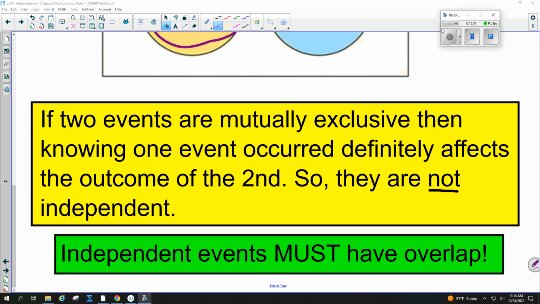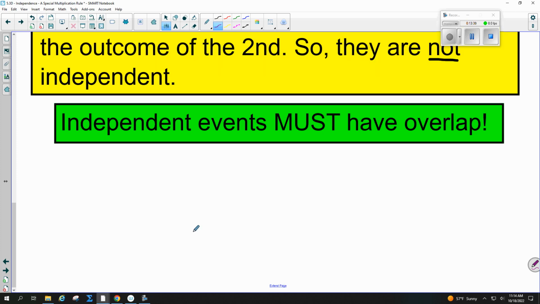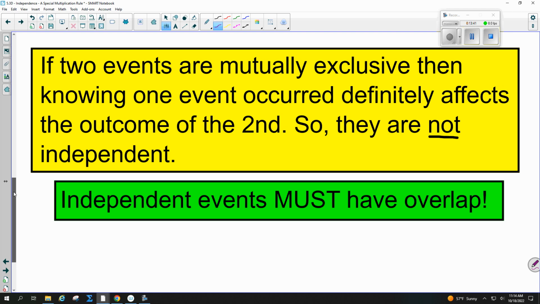And similarly, independent events must have overlap. So if you know you have independent events, then they must not be mutually exclusive. Independent events have overlap between the two circles.